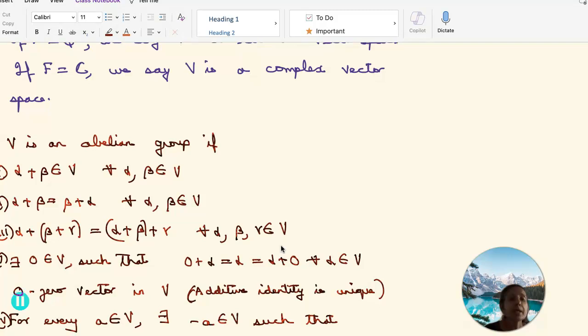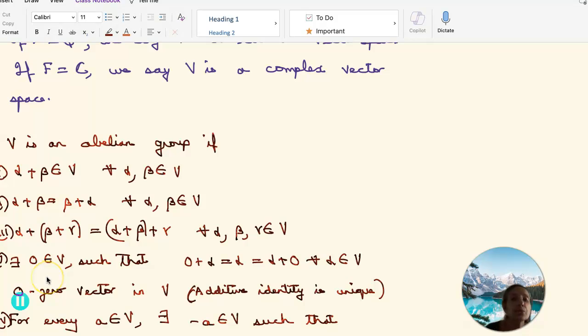Now V is an abelian group if α + β belongs to V for all α, β belonging to V, that is, the addition belongs to V. α + β = β + α for all α, β belonging to V, that means it is commutative. (α + β) + γ = α + (β + γ) for all α, β, γ belonging to V, that means it is associative.